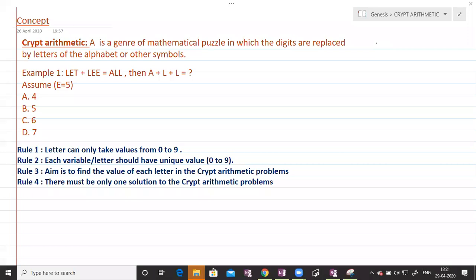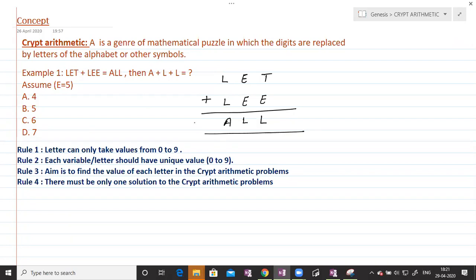Let's say I have to add LET plus LEE, and I should get ALL. What is the condition given? I should replace letters with unique digits.